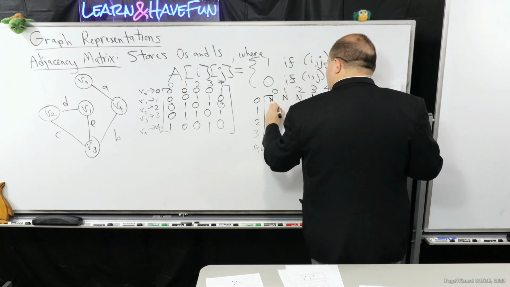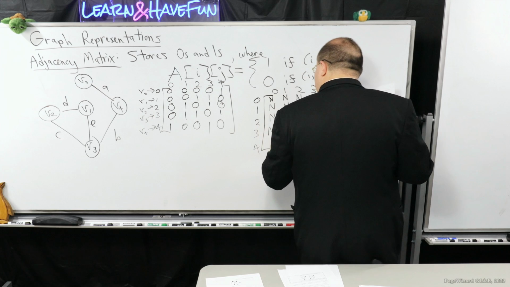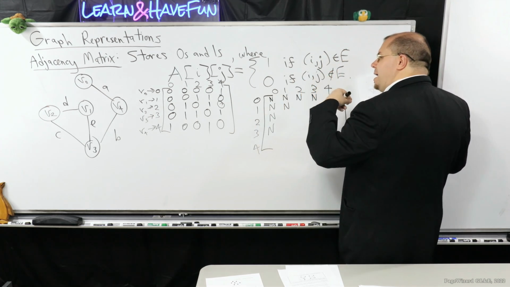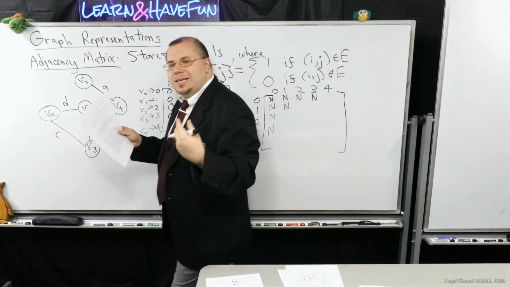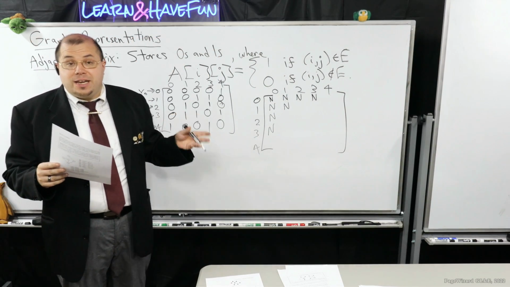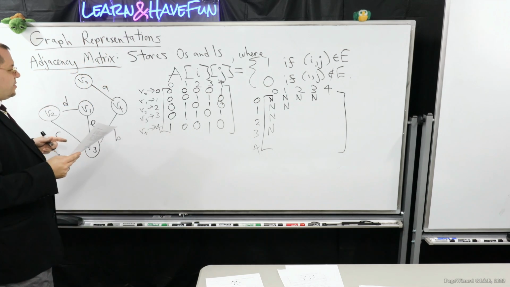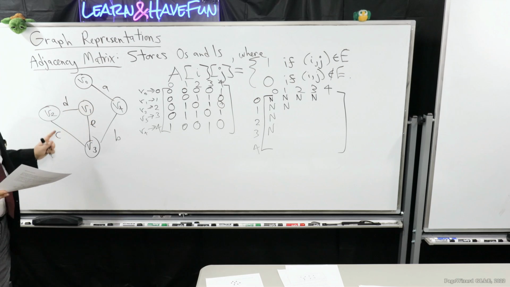So I have null, null, null, null. And wherever I don't have a null, I would have a pointer or a reference to the edge object that's associating the two vertices. So if I have my edges, which I've labeled here, suppose each of these is an edge object.